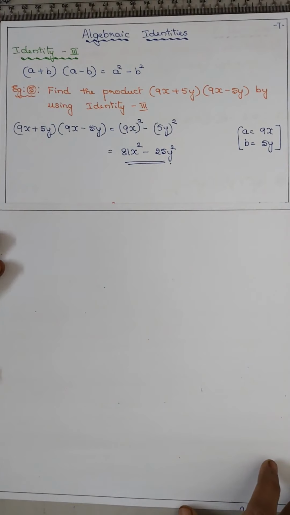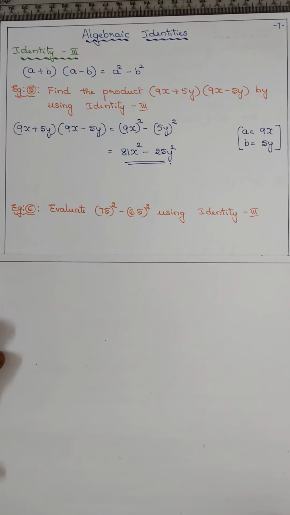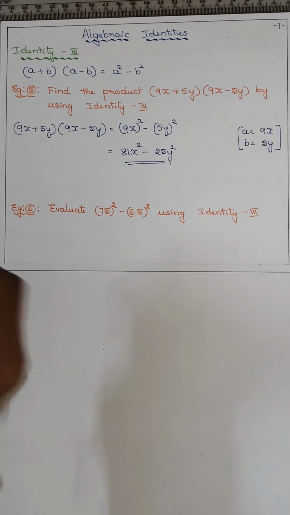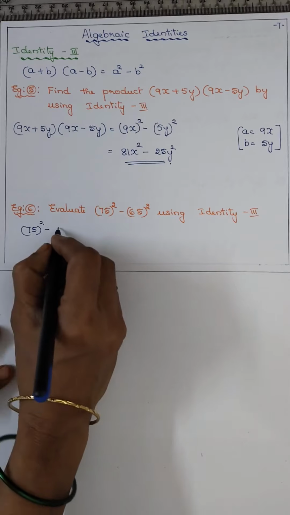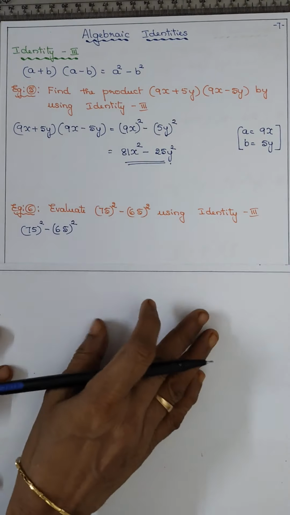Hope you have understood. Now coming to example 6, evaluate, means find the value of 75 squared minus 65 squared. It is reverse, isn't it?